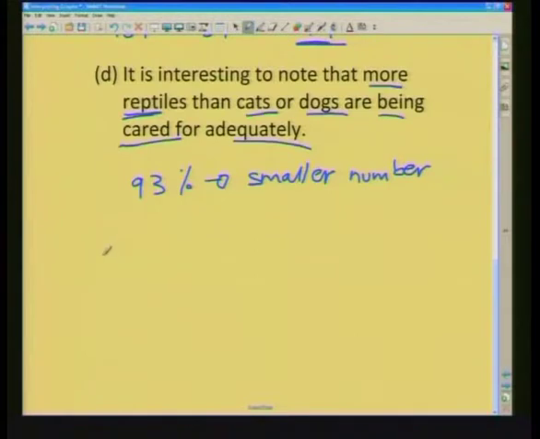This would mean that in fact, no, it is not more reptiles that are being cared for adequately. So once again, we would disagree. And the reason here is that although the percentage is higher, since the number of reptiles is smaller than the number of cats and dogs, it would give us a smaller answer in the end.